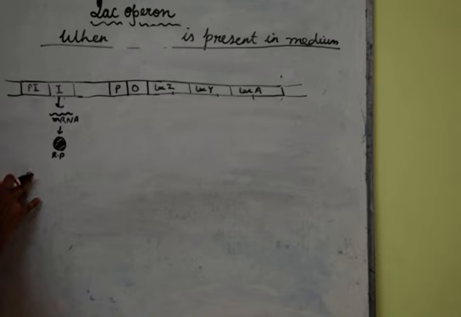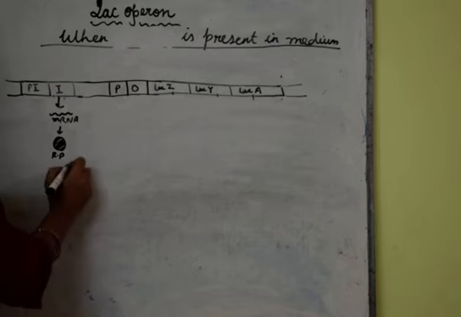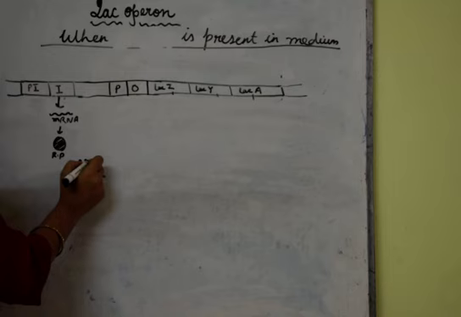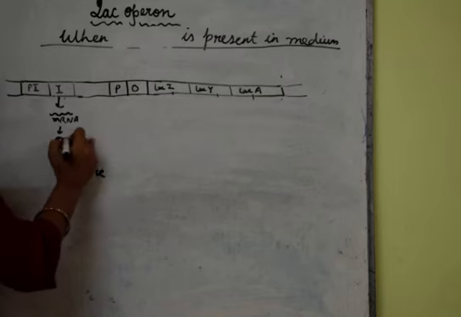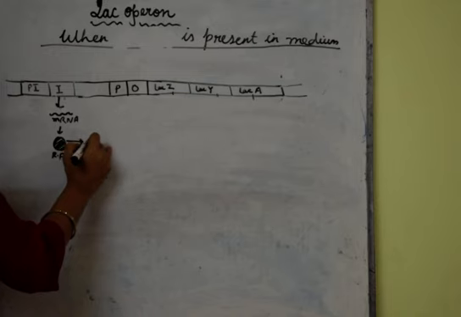Now lactose is there in the medium. When this lactose comes in association with this repressor protein, we can find a structural change in the repressor protein.